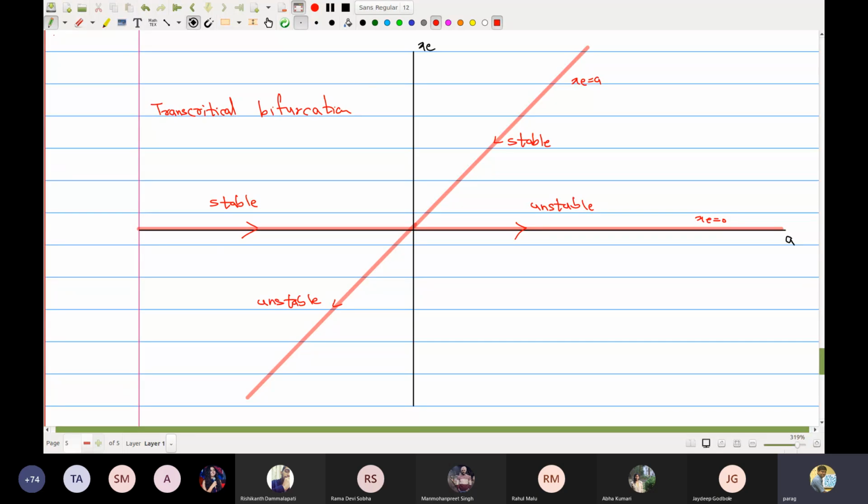Because it looks like there is a point here, which is the critical point, right? So here you have a critical point. Okay, and then what happens? You go from stable to unstable via passing through the critical point, and similarly on the other arm you go from stable to unstable, with this being the critical point. Okay, and therefore this particular nature is called transcritical bifurcation.